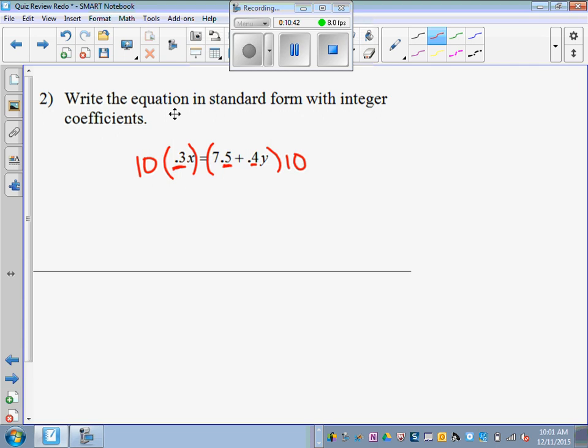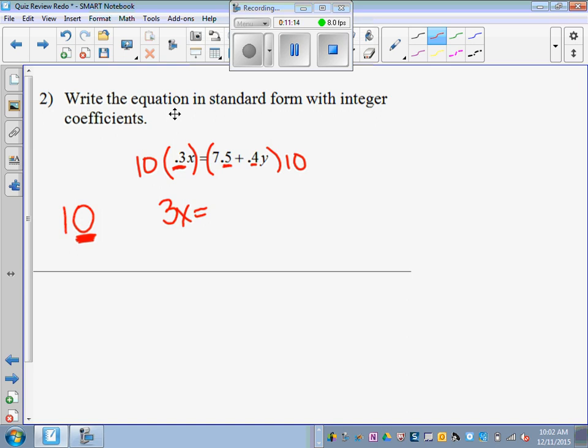Something else you can do to help you out: 10 has 1 zero after it, and we are 1 after the decimal. Okay, so let's multiply this together. 10 times 0.3x gives us 3x.